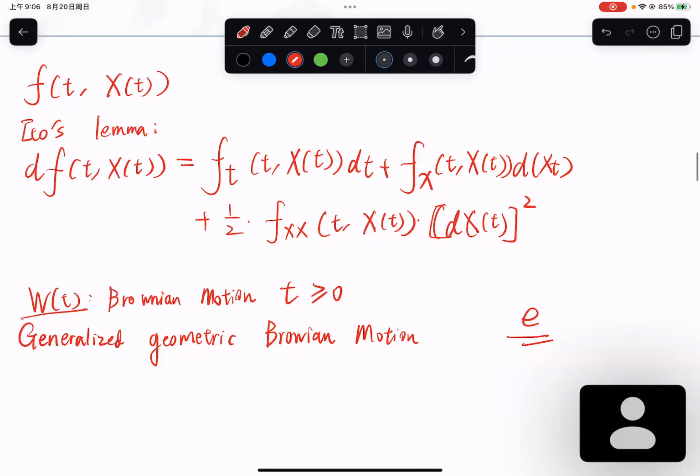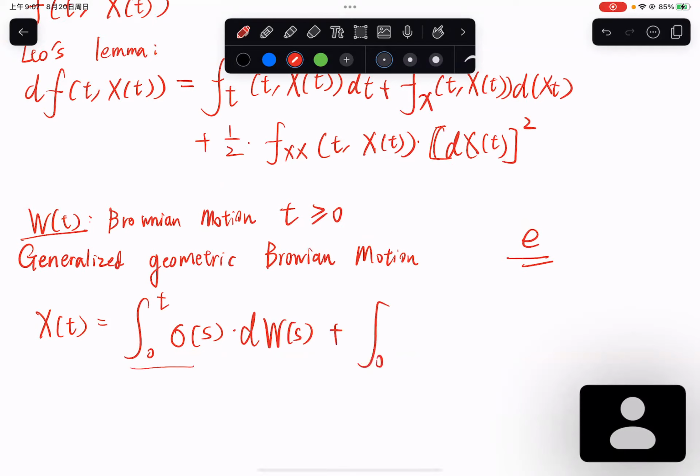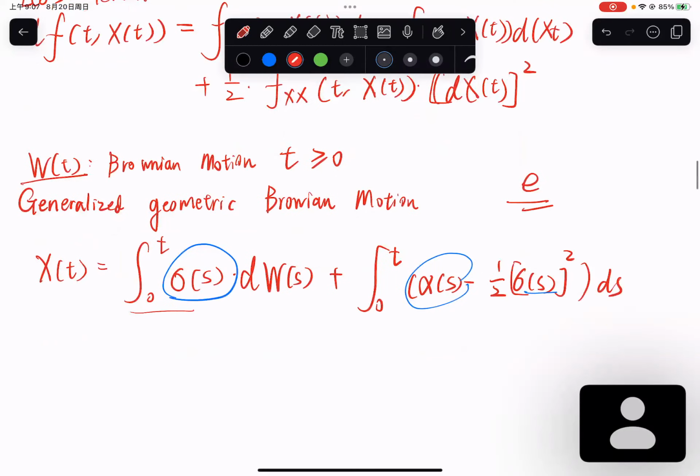We define our new X_t as the integral from 0 to t of some function sigma_s dW_s, which is a Brownian motion, plus the integral from 0 to t of some function alpha_s minus 1/2 sigma_s squared ds. These two are just two arbitrary functions that we can choose, and this is just the square of the first function. If we define such a process, then what can we find?